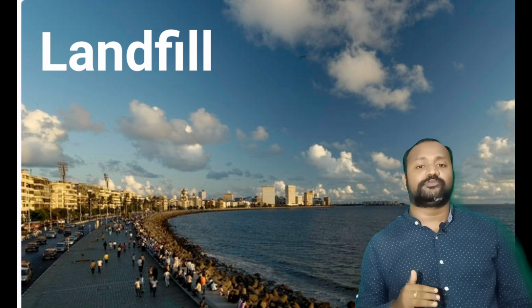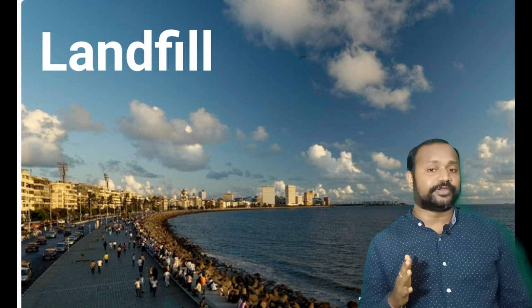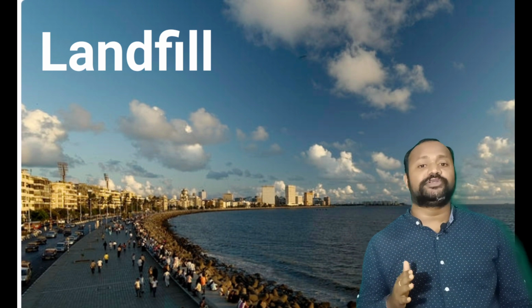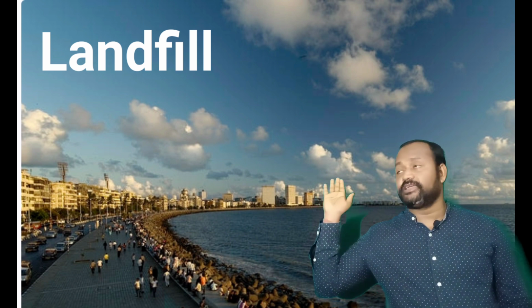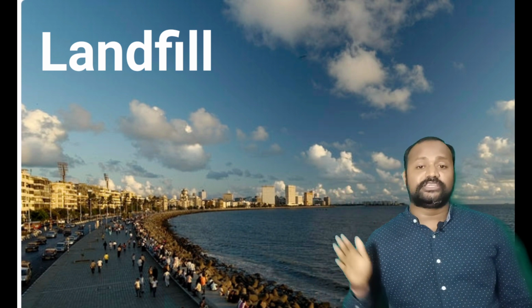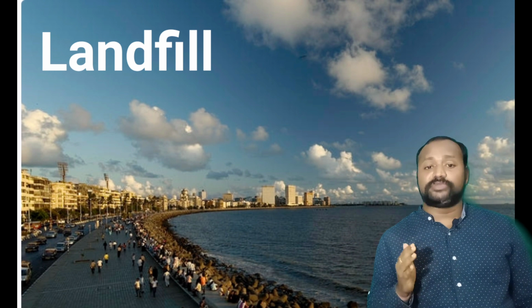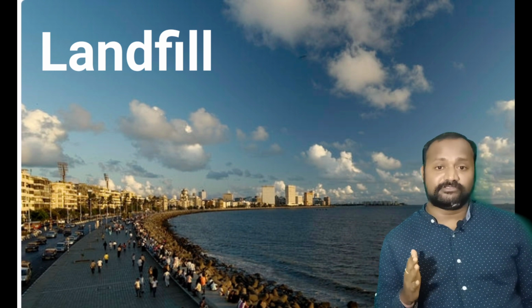One such example is Nariman Point in Mumbai. Have you seen Nariman Point in Mumbai? I think you have seen it. You can see it over here. So this is made with the help of landfills.